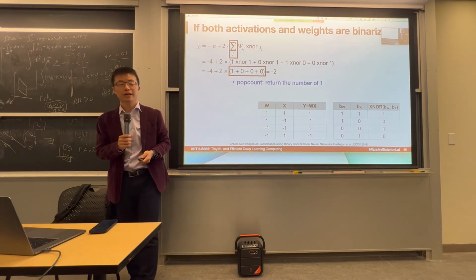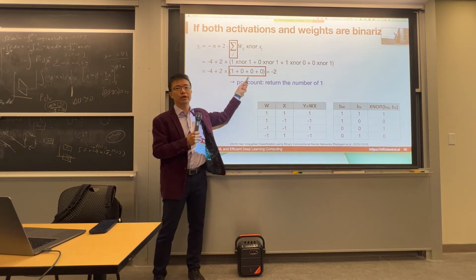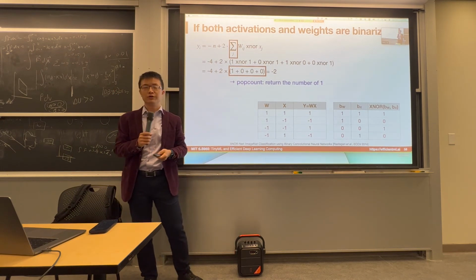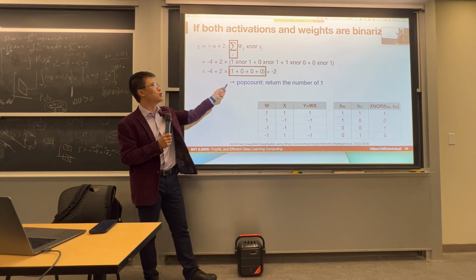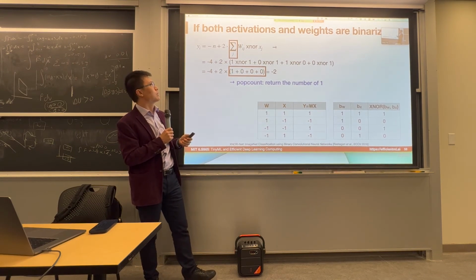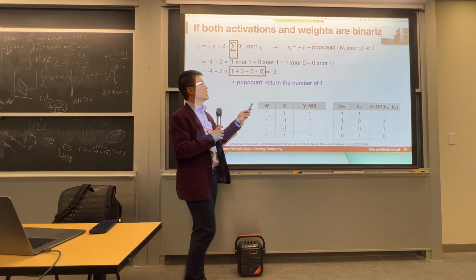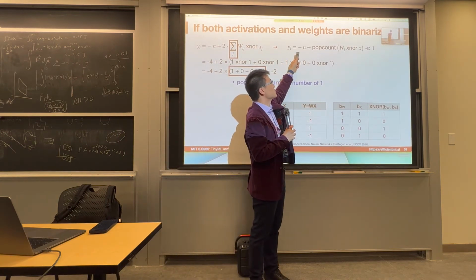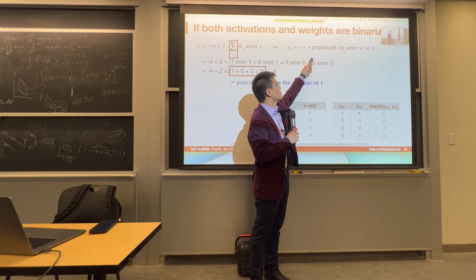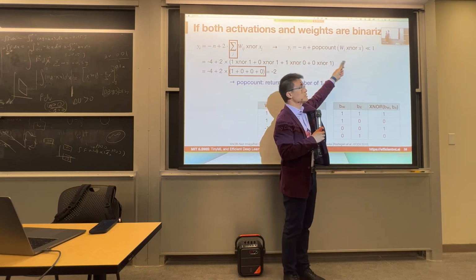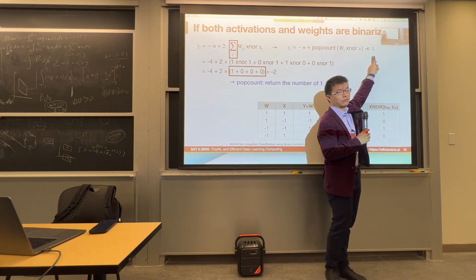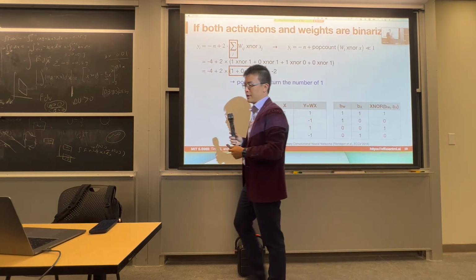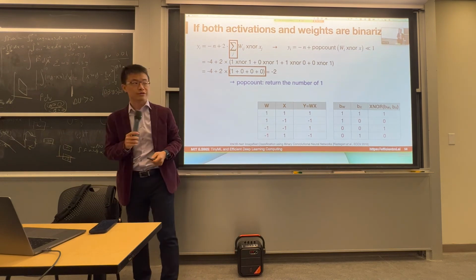Pop count is very easy to implement. Given a stream of 1s or 0s, you count the number of 1s in this stream, returning the number of 1s. Okay? So the final result becomes minus n plus the number of 1s in this array multiplied by 2. Which are all very simple to implement.